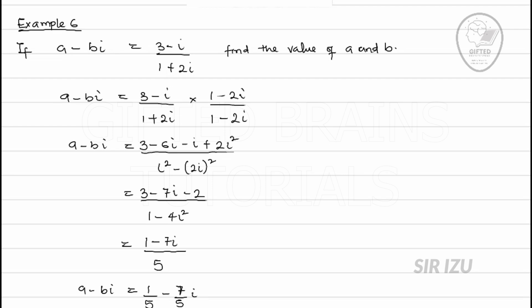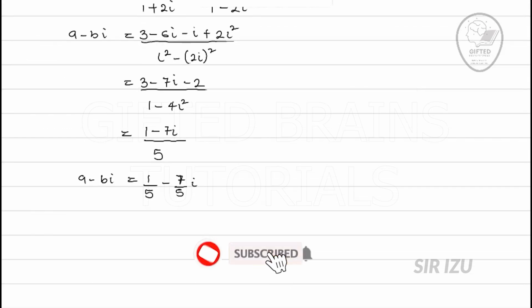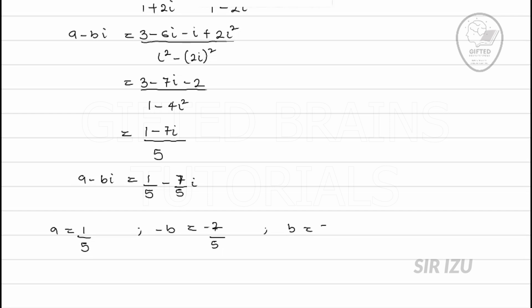Again, by the time we get here, we compare the real part with the real part and imaginary part with the imaginary part. So here a is equal to 1 over 5, and then minus b will be equal to minus 7 over 5. Hence, therefore we can say b is equal to 7 over 5. So that's what we simply have.